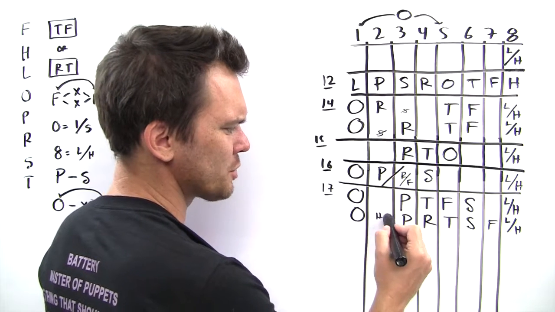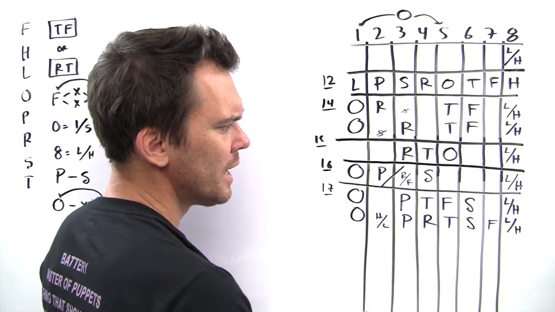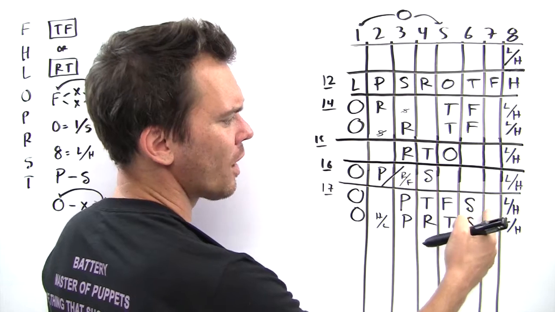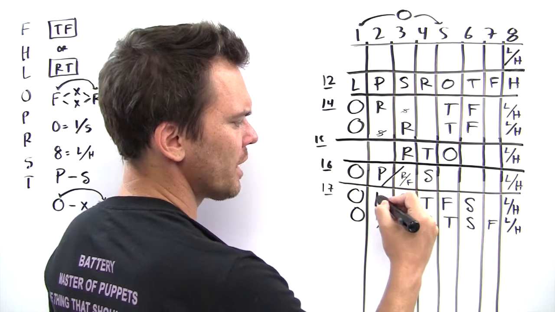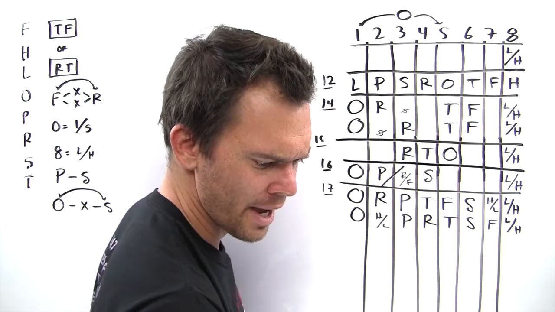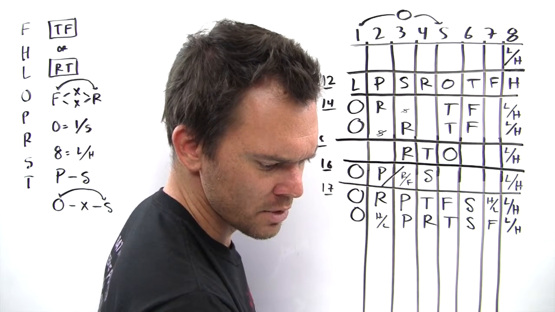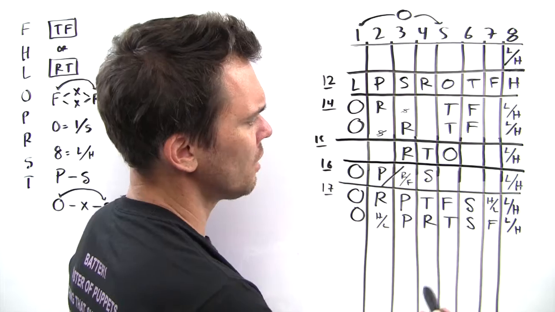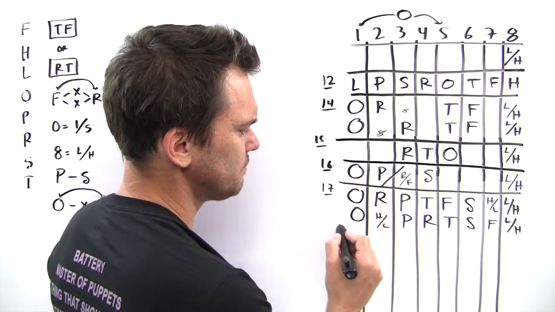And this will be either H or L, whichever one's left over. If this is F, R can't be this close to it. R would have to be here, and this would be H or L. What were we asked? The composition in fifth must be, fifth is either F or T.